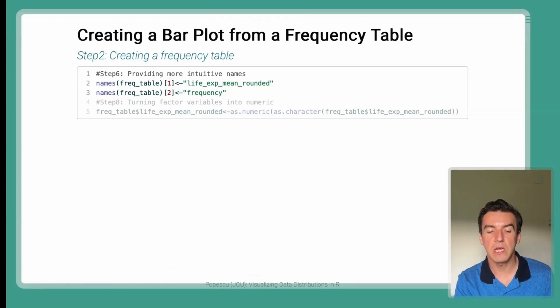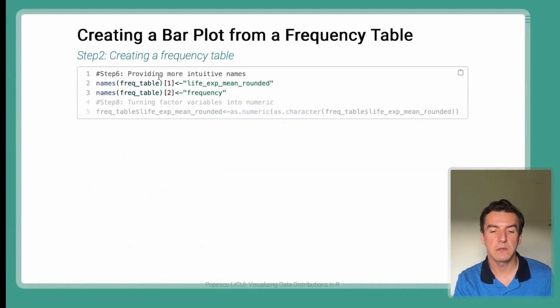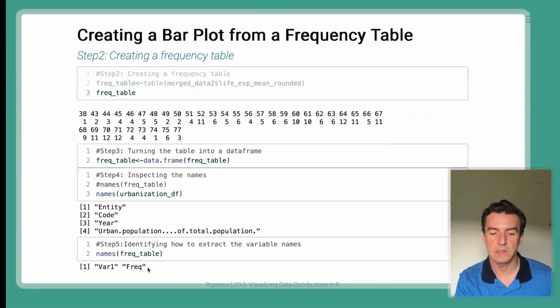So the way to change these column names is to simply write names, the name of the data frame, and one. Remember that this is a way of indexing to refer to the specific items within a vector, because names of frec table has two items, these two, we can specifically change them.